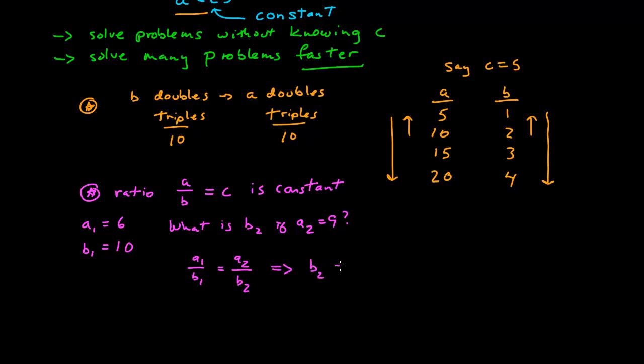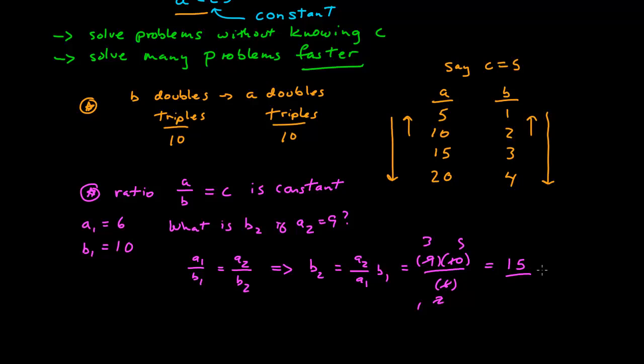And this gives us that B2 is equal to A2 over A1 times B1, or 9 times 10 over 6. And if this is 3 and 2, 1 and 5, thus this is equal to 15.